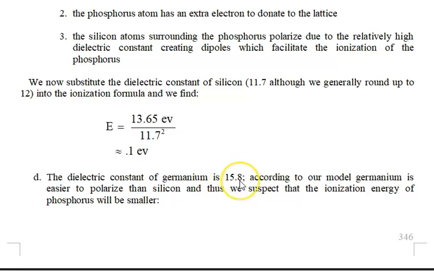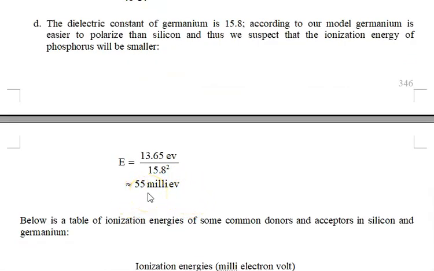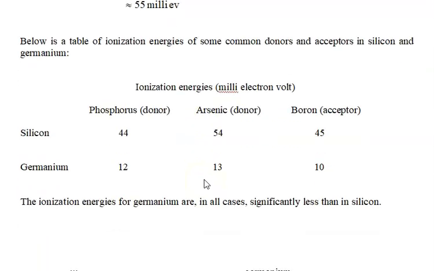So we would divide not by 12 but by about 16, and we would get that it is easier for a phosphorus atom to donate its electron to germanium than it is for the phosphorus atom to donate its electron to silicon. And that indeed is the case. It's about 55 millivolts according to the model. 55 milli-electron volts. Now here's the real experiment.